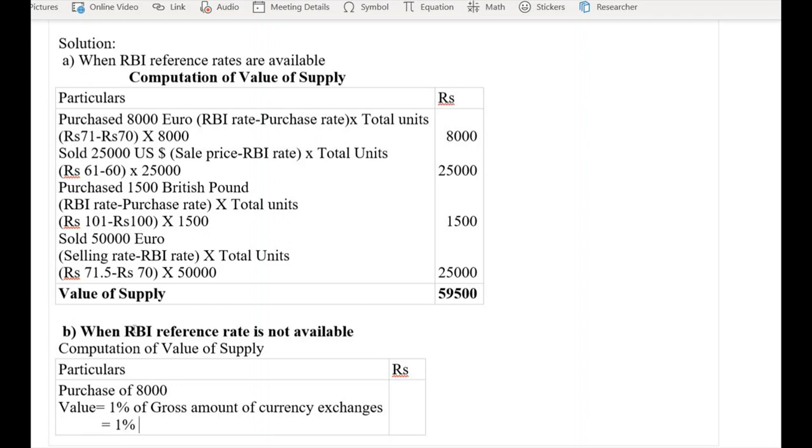So 1% of 8,000 euros multiplied by rupees 70. So it comes to 56,000. So 1% of that comes to rupees 5,600.